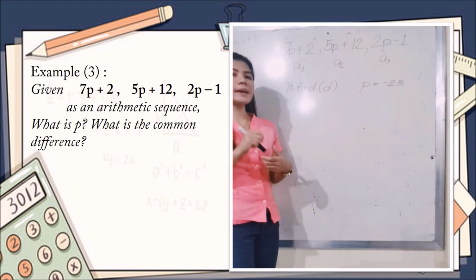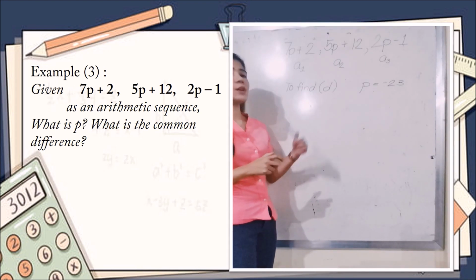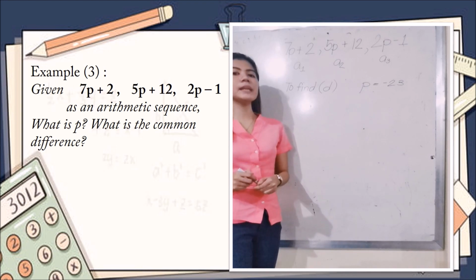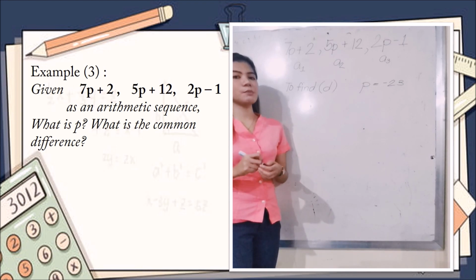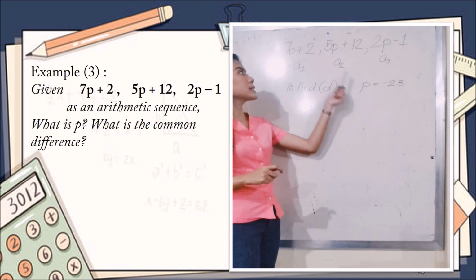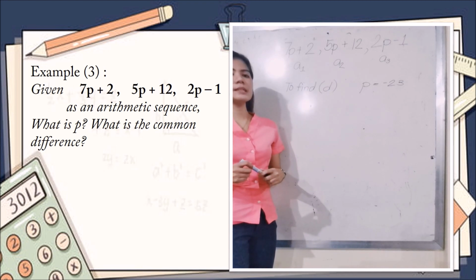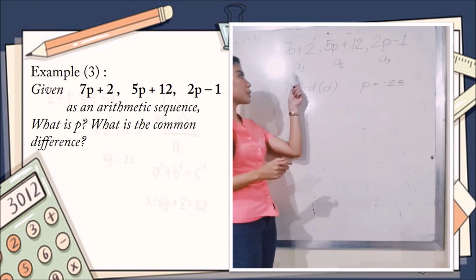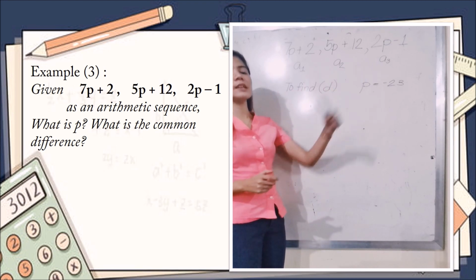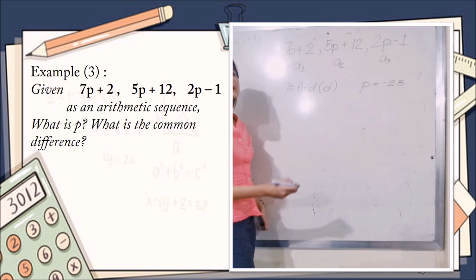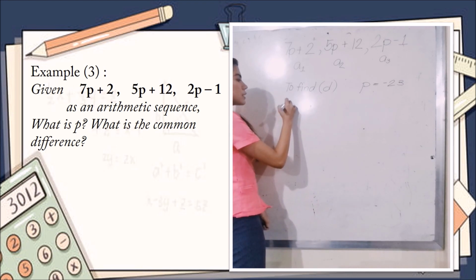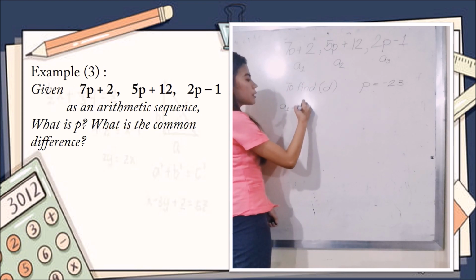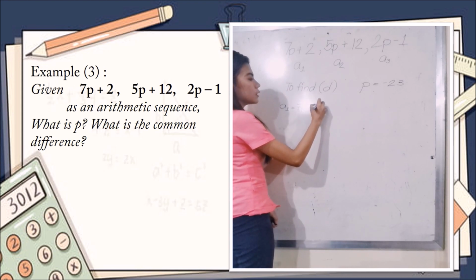Ngayon, para mahanap naman natin si D or si common difference matapos nating mahanap ang value ng p, kailangan natin i-substitute ang value ng p sa ating original arithmetic sequence para malaman natin kung ano ba ang value ng first term, second term, and si third term. So, unahin natin kay first term, a of 1. So, si a of 1, we have 7p plus 2.